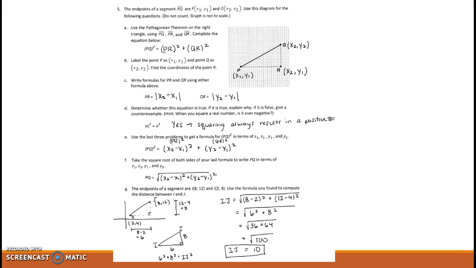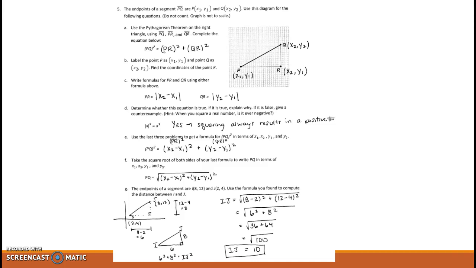Okay, a lot of information here in question 5, because what we're trying to do is come up with a general rule for finding the distance between any 2 points. Remember, if we can form a right triangle, then we know we can apply the Pythagorean theorem. So that's exactly what's happening in part A. We know that since we have a right triangle, PQ squared is equal to the sum of the square of the two legs, PR squared plus QR squared.